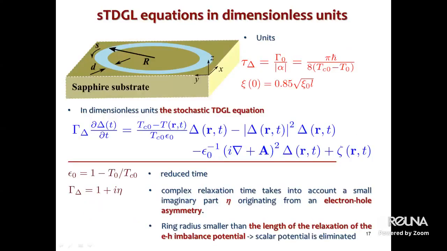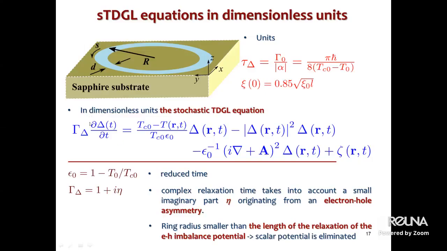To address the problem of the evolution of the condensate in a ring exposed to circularly polarized electromagnetic radiation, we solved the stochastic time-dependent Ginzburg-Landau equation of motion, which incorporates the Langevin term, this one. Assuming a ring radius smaller than the relaxation length of the electron-hole imbalance potential, we can eliminate it from here.